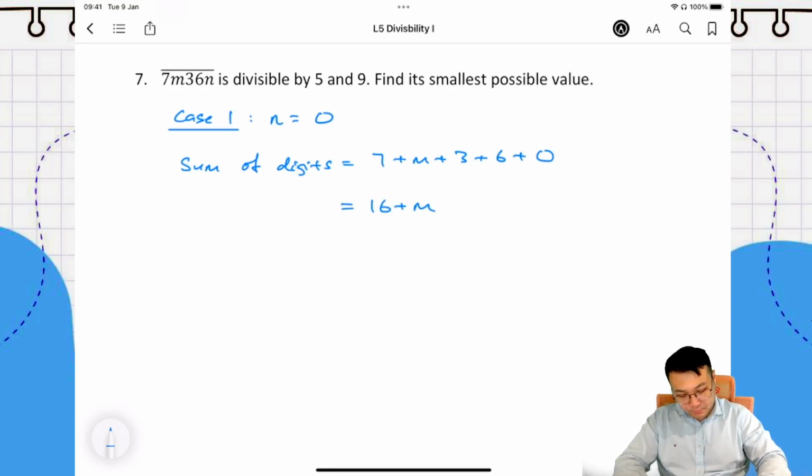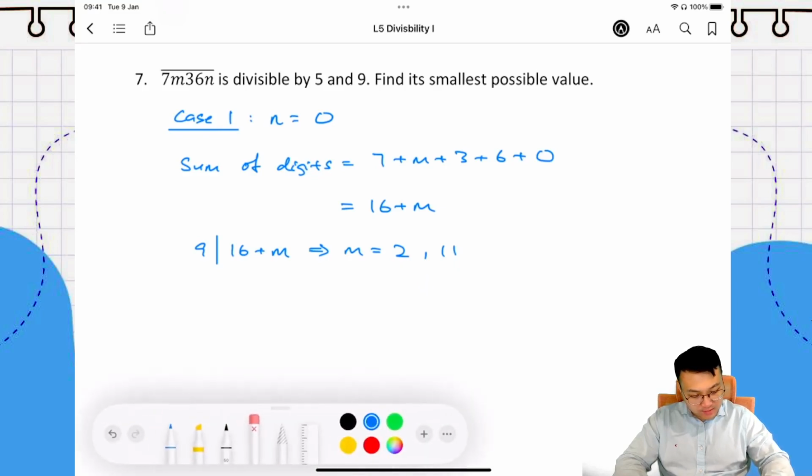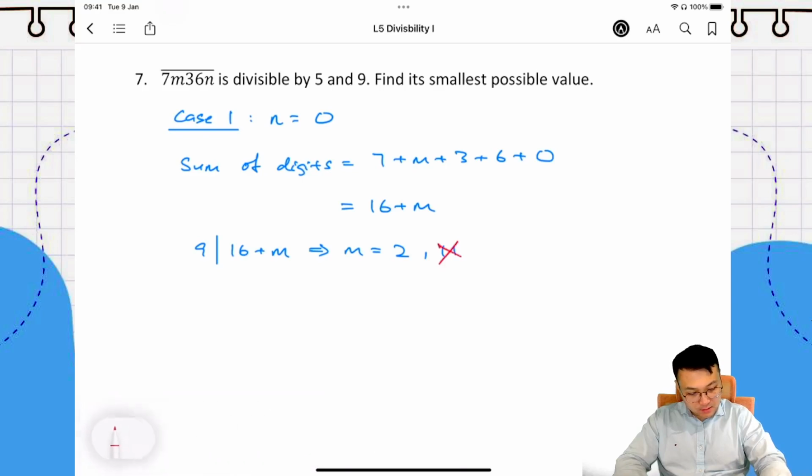Therefore, 9 must divide 16 plus m. m equals 2. Can it be 11? No, it can't be 11. Plus 9, can it be 11? No, because m is a single digit number. So the only possible value of m is 2.